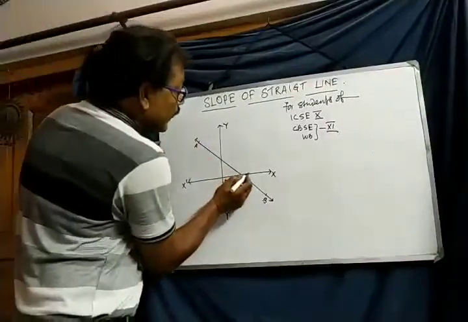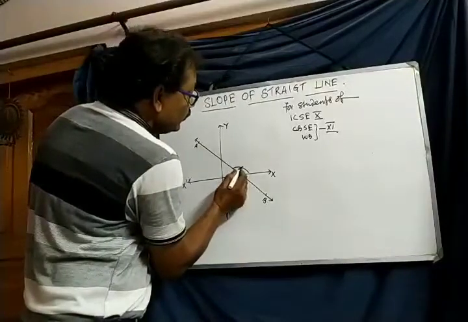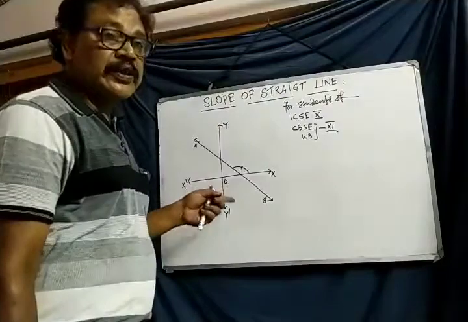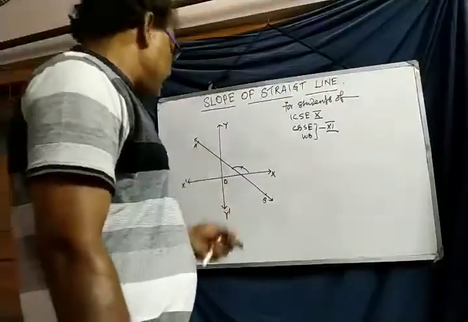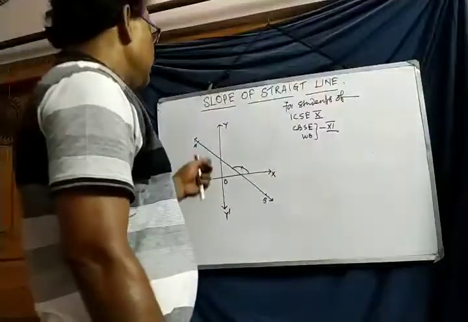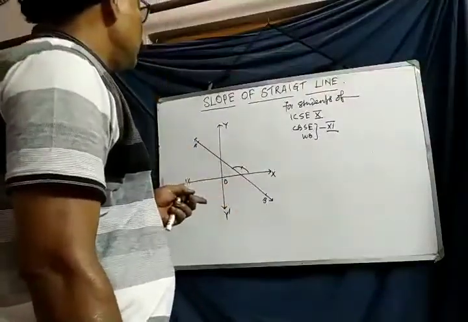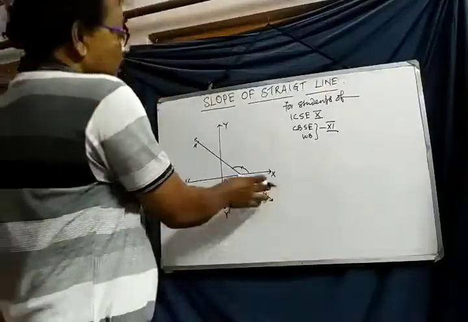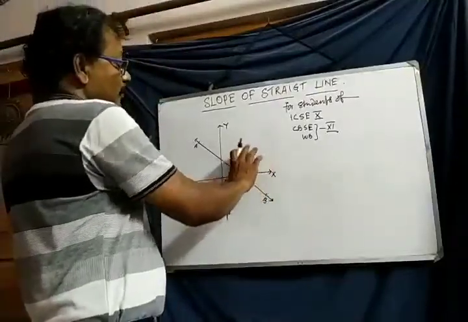And this is the angle the straight line has made with the positive x-axis. That means this is the positive rotation of x-axis, this angle is formed.